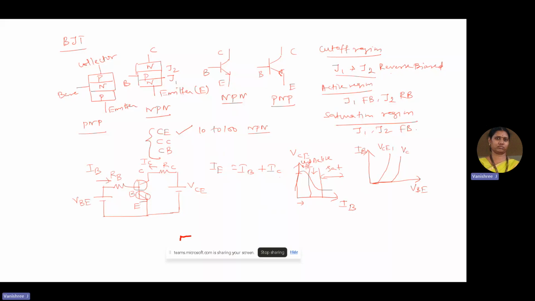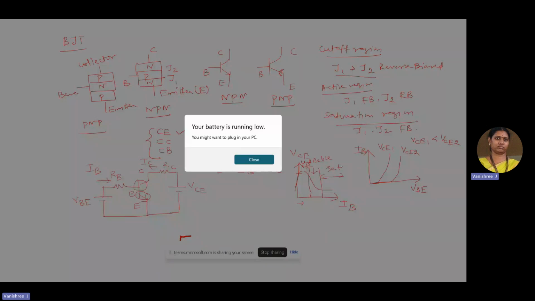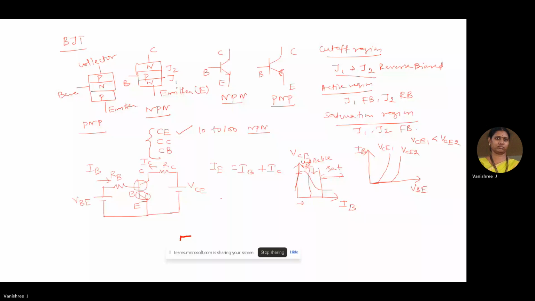So this is VCE2, where VCE1 is lesser than VCE2. So this is the input characteristics.